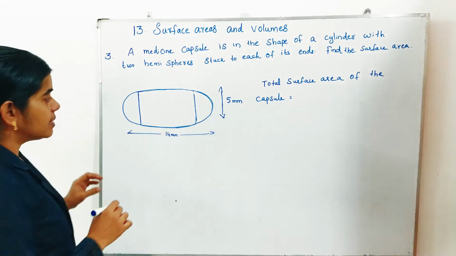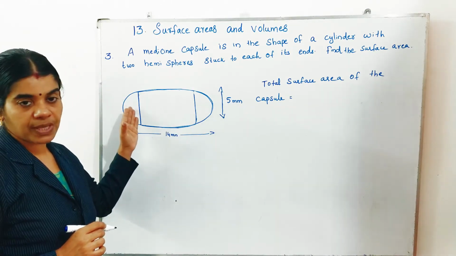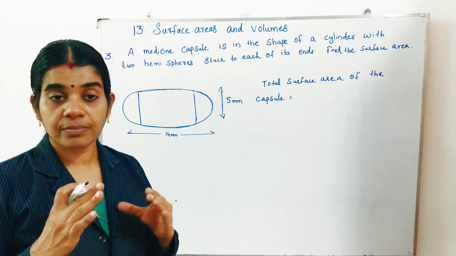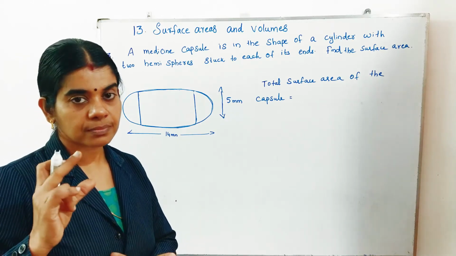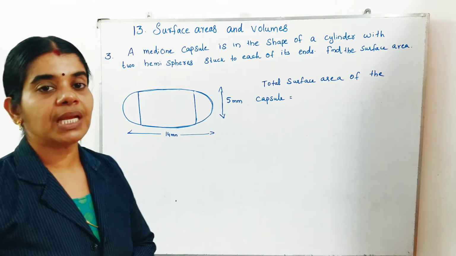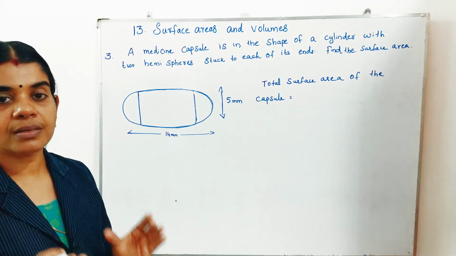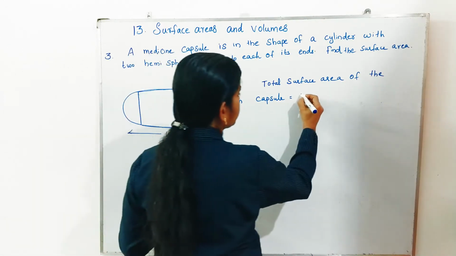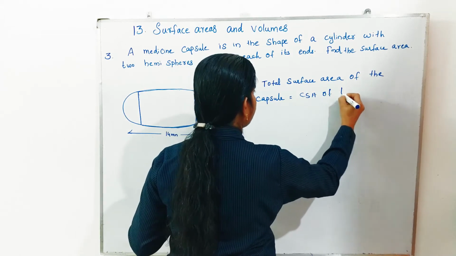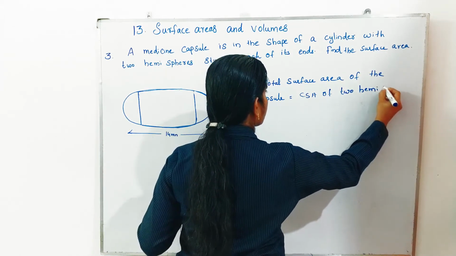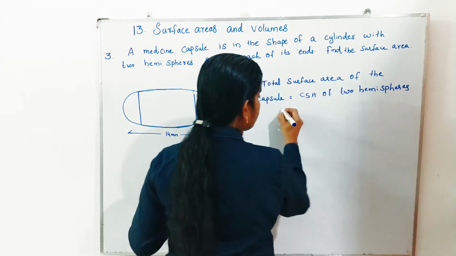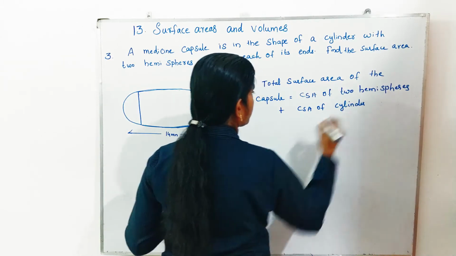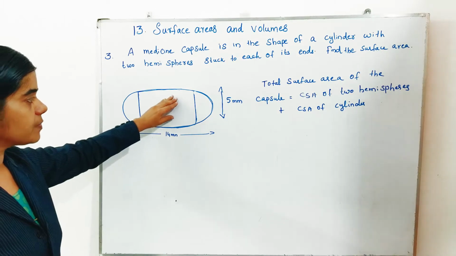CSA of two hemispheres: two hemispheres together we will get one sphere, so we can take that as the surface area of a total sphere. Then CSA of the cylinder. So CSA of two hemispheres plus CSA of cylinder will be the total surface area of the capsule.